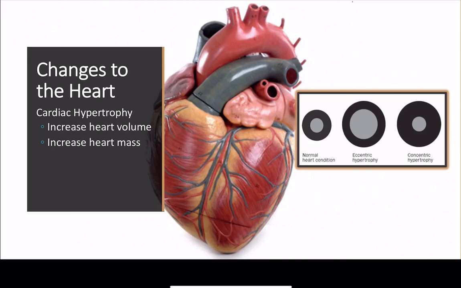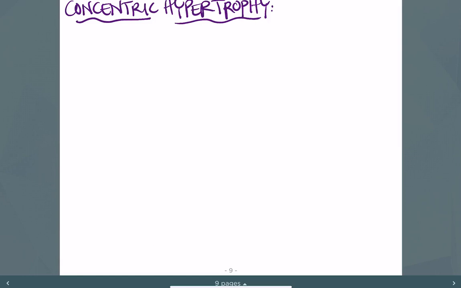So the second adaptation that we see is a concentric hypertrophy, where the walls of the ventricles get thicker. So let's talk through the causes of when the heart would increase the thickness of the wall. Well, as you can see in your notes, one of the main causes for concentric hypertrophy is really increased myocardial demand.